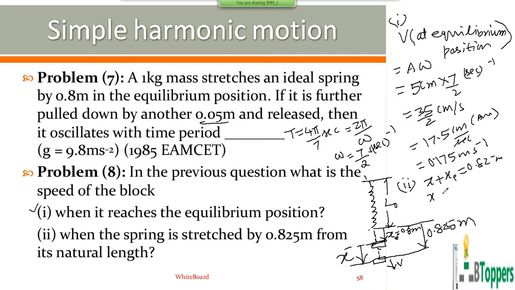So X equals 0.825 meters minus XE, 0.825 minus 0.8 meters, and that will be 0.025 meters. Try to complete this problem yourself by using the formula V equal to omega into root of A square minus X square. I will continue the discussion next class.